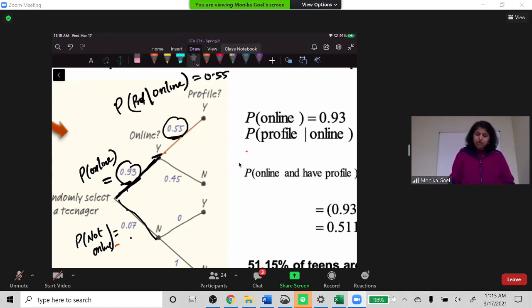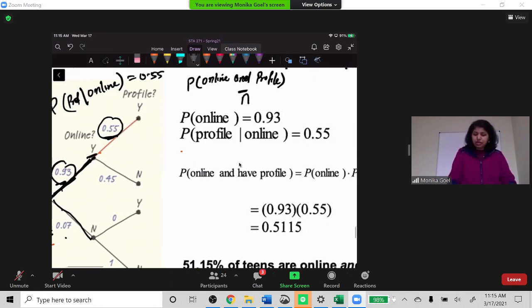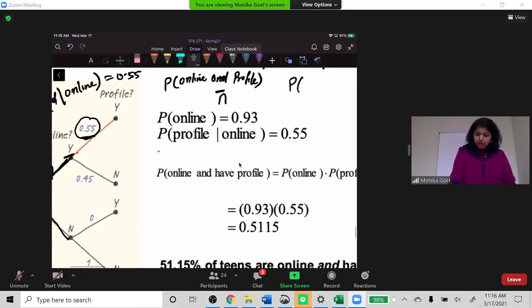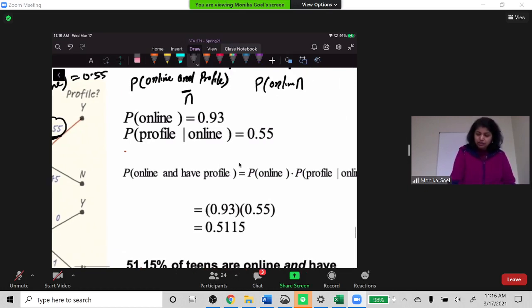Now, if the question is asking what is the probability of online and posted the profile. If the word is saying and, we know that we are talking about intersection. And when we talk about the intersection, that means we are looking for probability of online intersection profile.